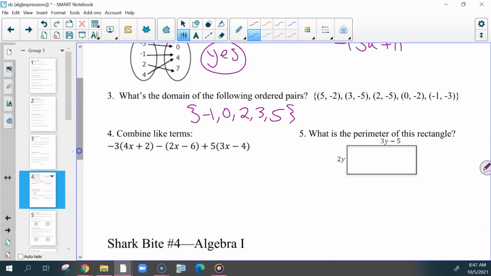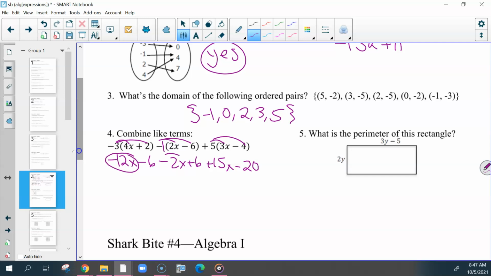Number 4, you needed to combine like terms, so you needed to distribute before you could do that. So negative 12x minus 6 minus 2x plus 6 plus 15x minus 20. Combine all of your like terms.